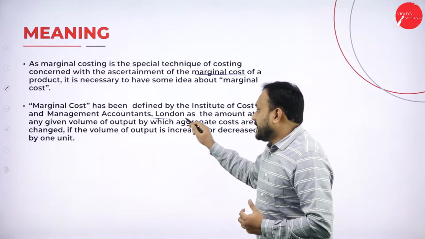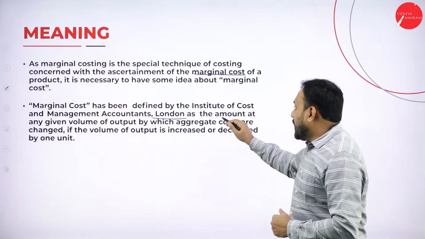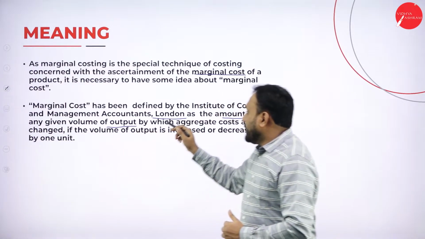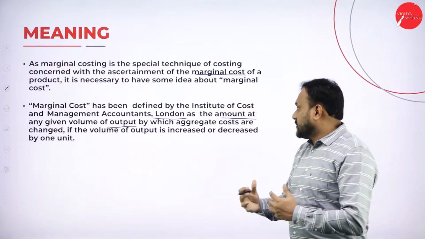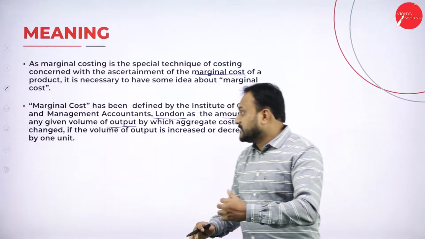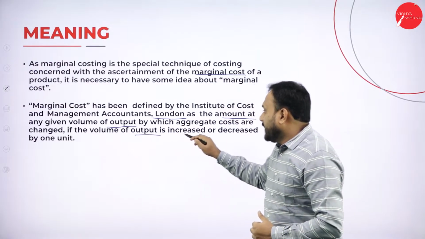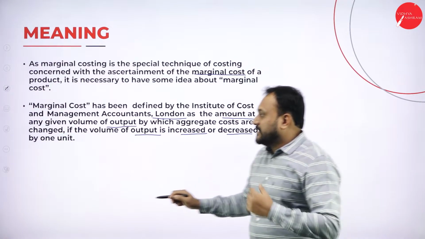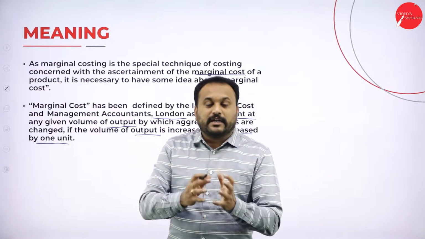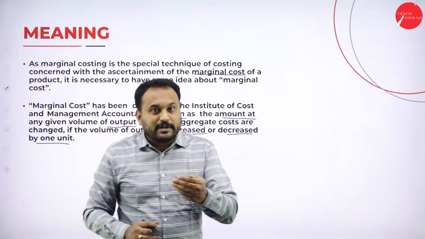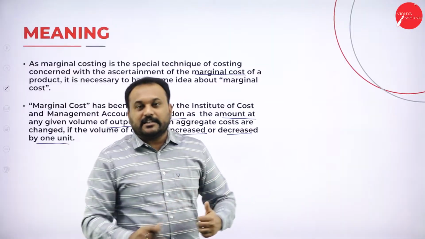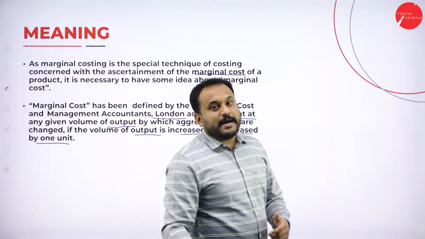The London management schools have said that marginal cost is the amount at any given volume of output by which aggregate costs are changed, if the volume of output is increased or decreased by one unit. That is the reason we need to know what the change is if we add one product, or delete a product, or decrease one unit. That is called marginal costing.